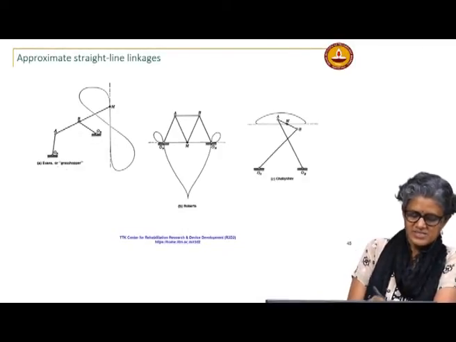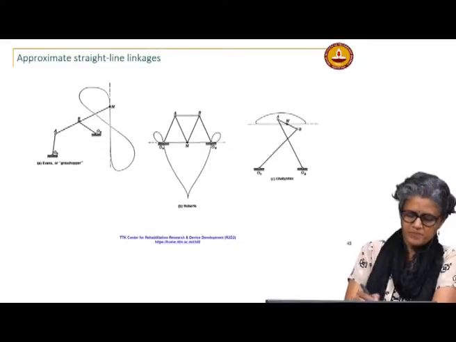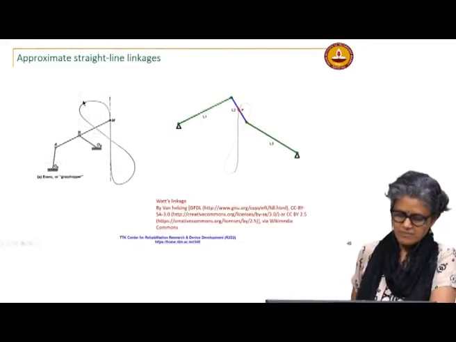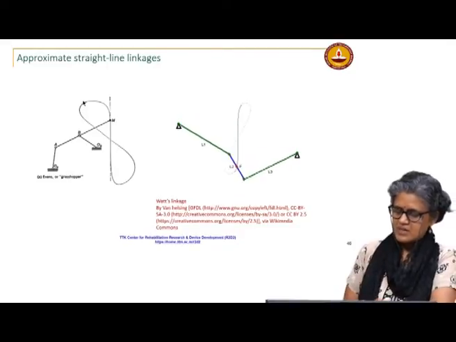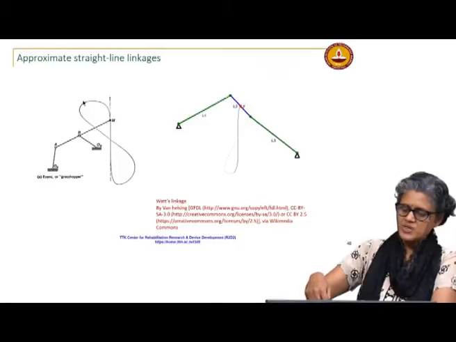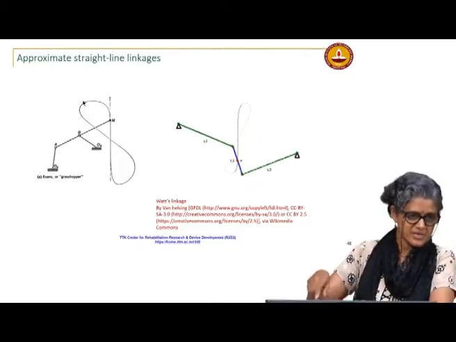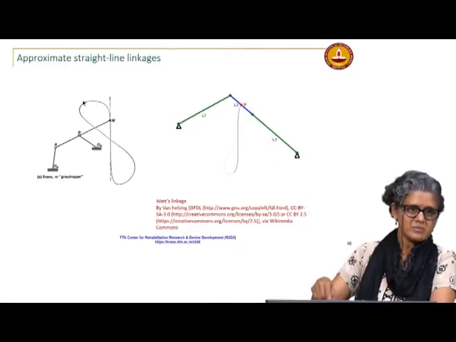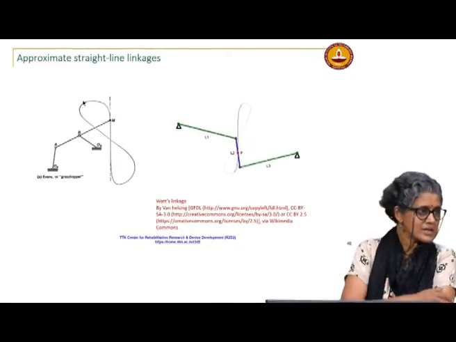So, for instance, this is the Evans or grasshopper, I think. You can see the approximate straight line portion. Here it is just being actuated between these two limits, but it would actually trace the full coupler curve. They are just not showing that in the animation.